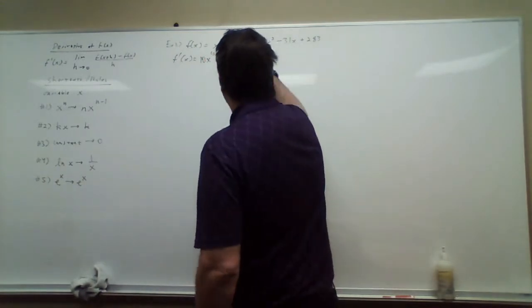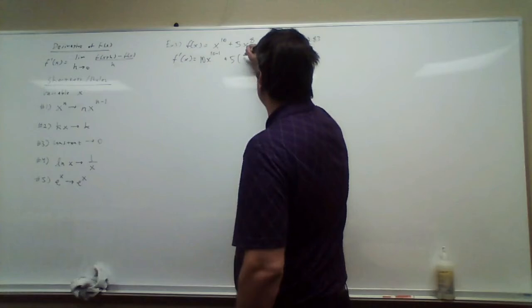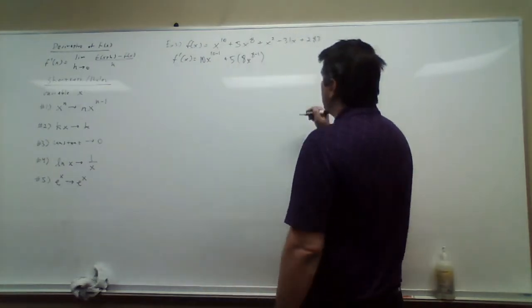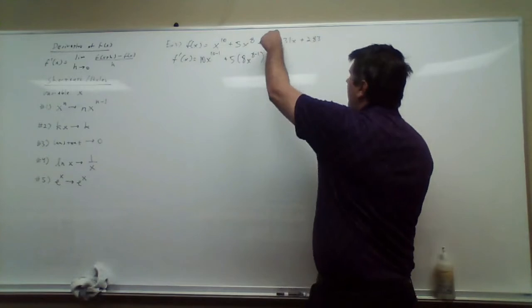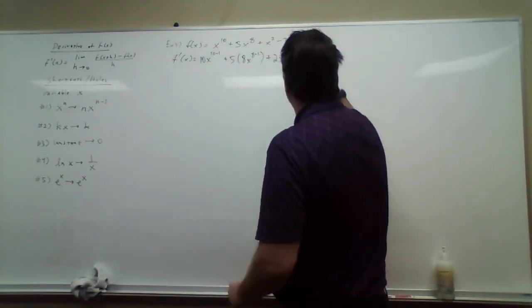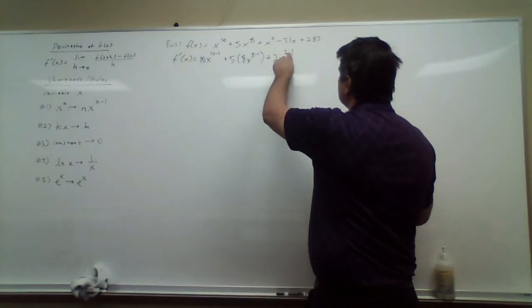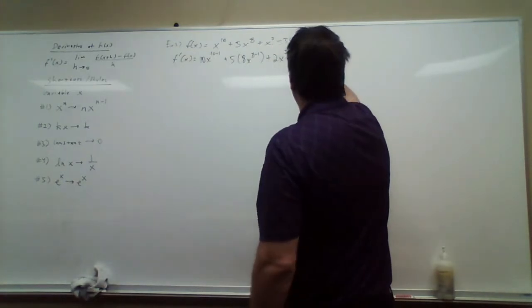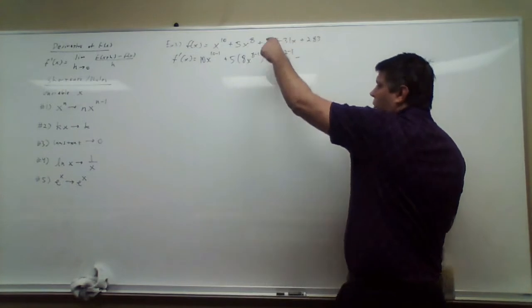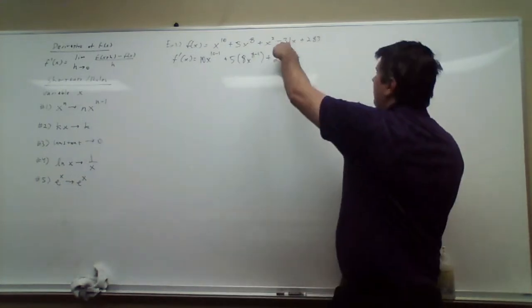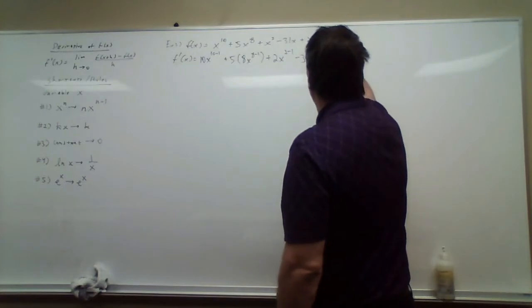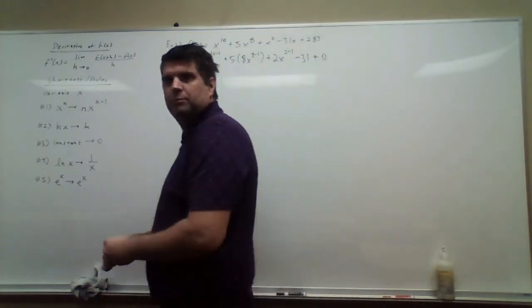Plus 5, 8 will go to the front. You will have x to the 8 minus first power. The derivative of x squared, you're going to move the 2 to the front. The power of x will go down 1. Minus, this is just the constant times x. So according to this rule, the derivative of minus 31x is just minus 31. And then the derivative of my constant is 0.